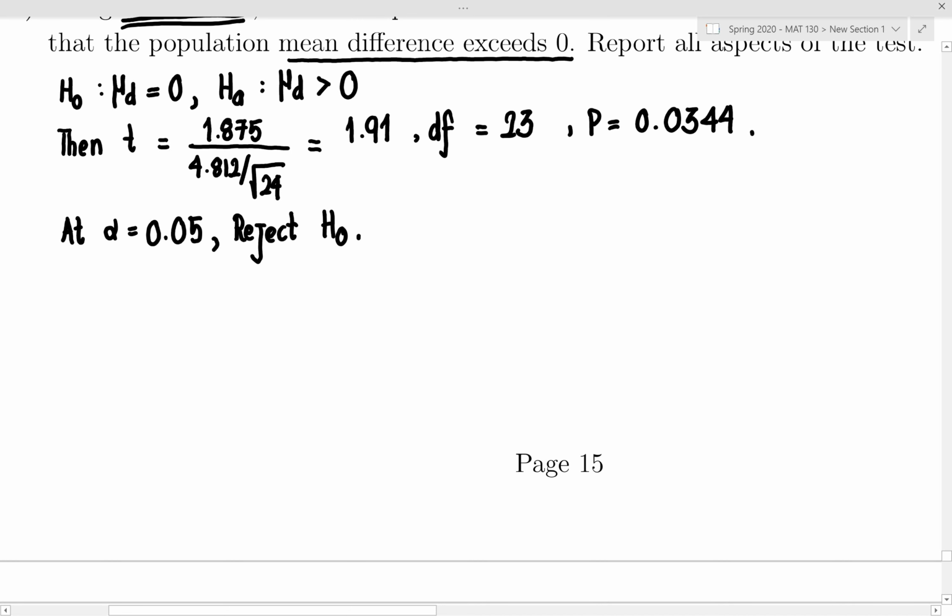What about our next significance level? Let's say alpha is equal to 0.01. What can we do here? We can't reject H0.